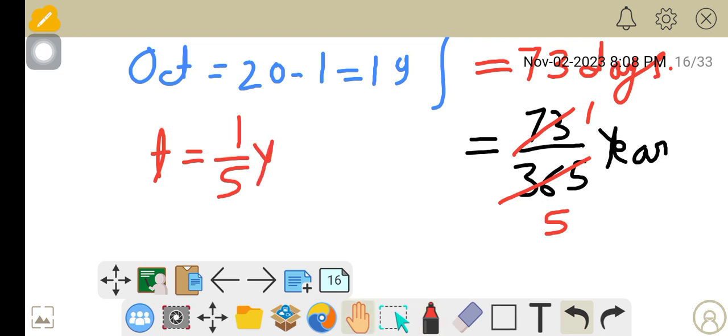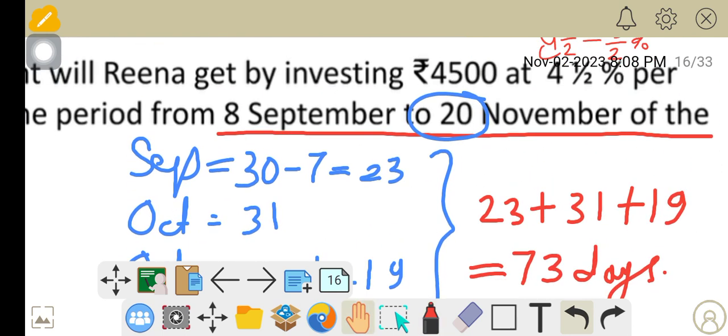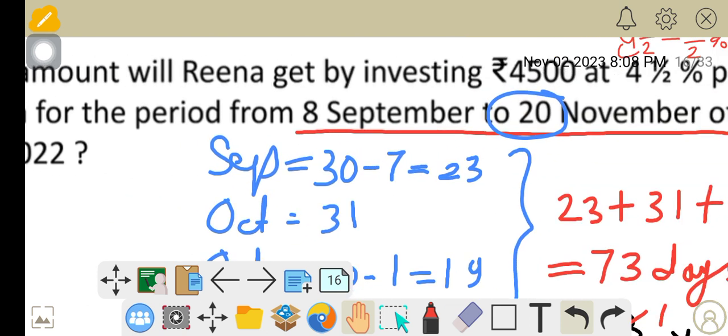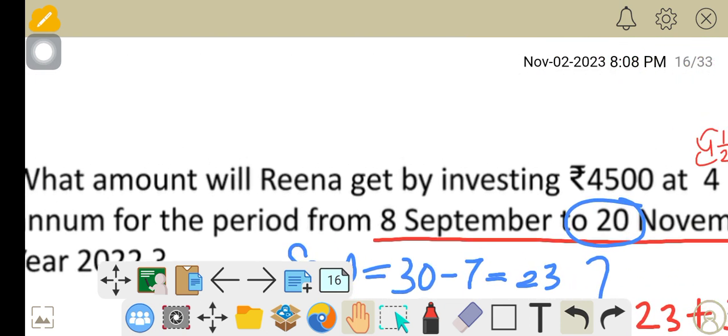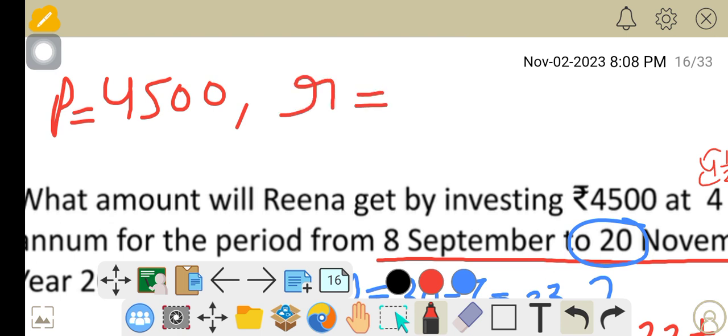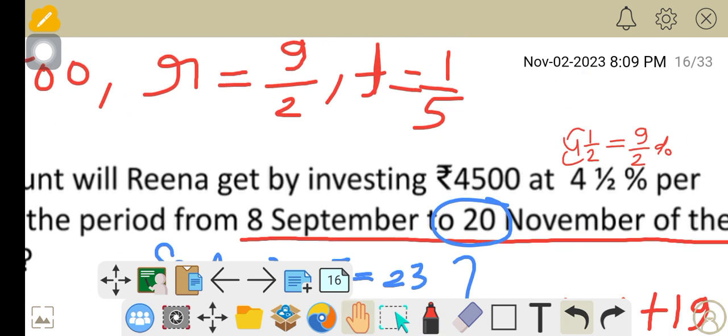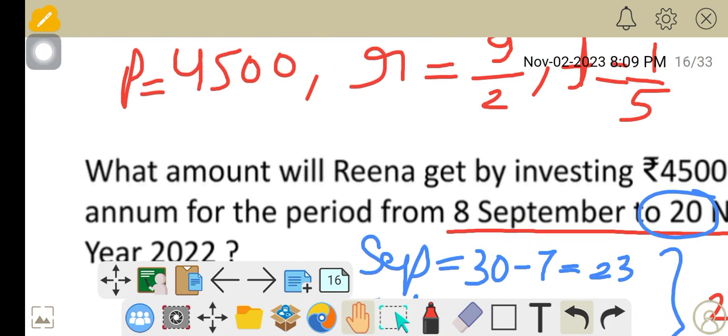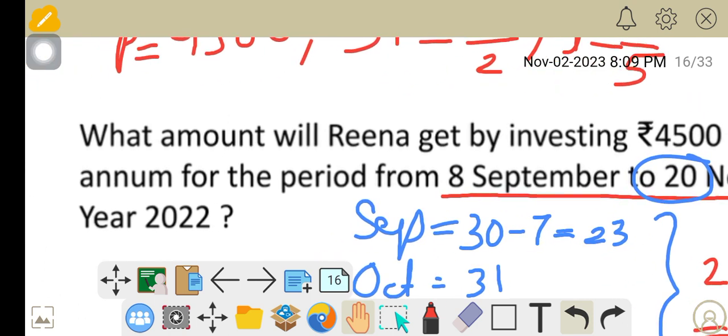So all problems have been reduced, and now we have the main question. Principal 4,500 rupees, rate of interest 9/2, and time duration 1/5. Is everything okay? 9/2, 1/5 and 4,500. So now we can solve.